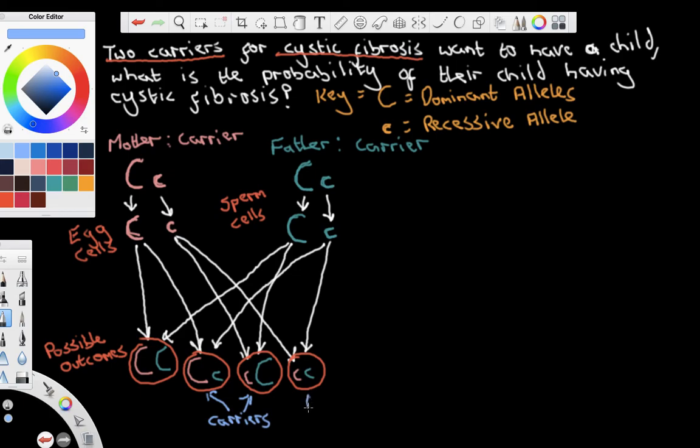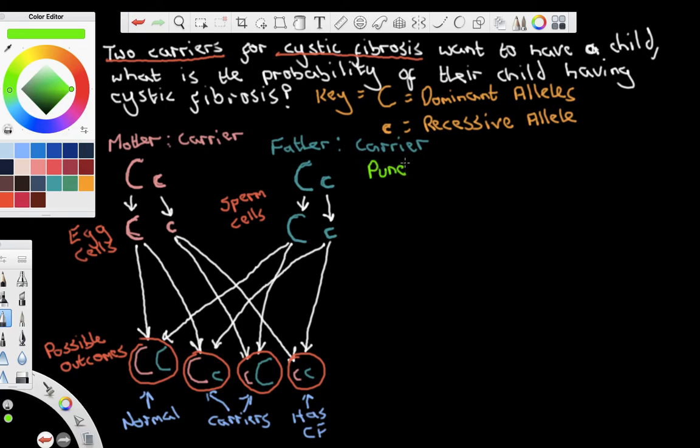This cross sadly has cystic fibrosis, and this one here would be a normal person, not a carrier, doesn't have the illness. But a much better way of doing this and a better way of showing it is through using a Punnett square.